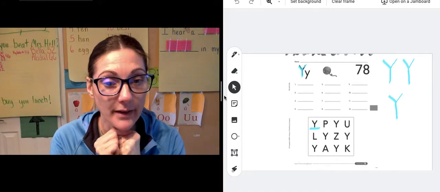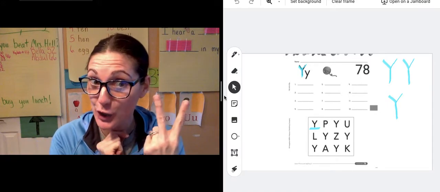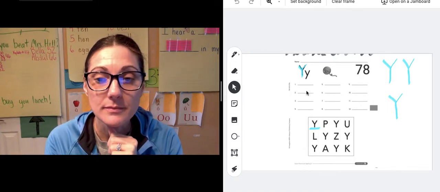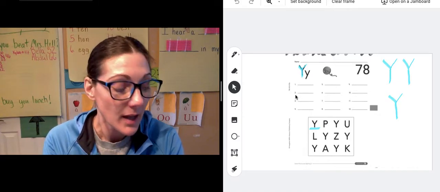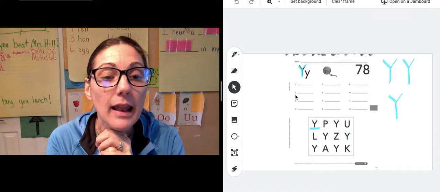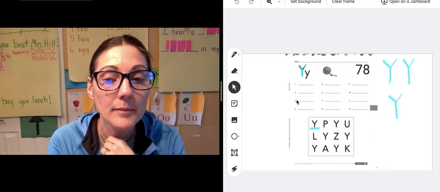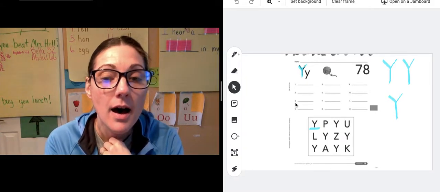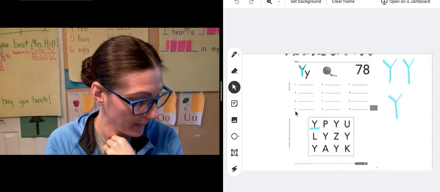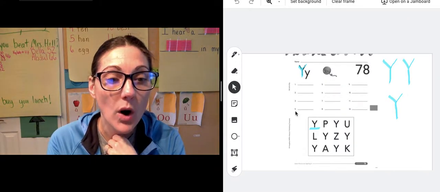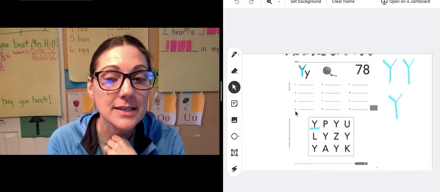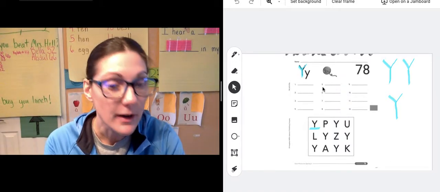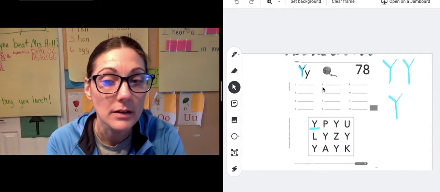So number 1, write the letter or letters, there are 2, that say k, k, k. Number 2, ul, ul, ul. Number 3, number 4, s, s, s. Number 5, g, g, g.